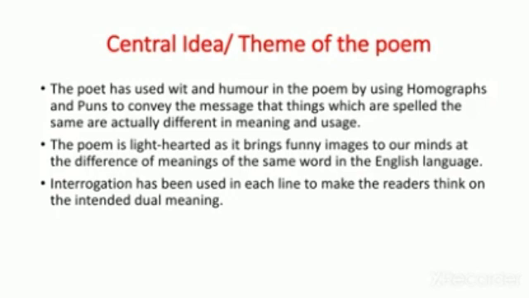Again we can see that the poet has used questions in each of the lines. Now these interrogative sentences are used in each line to make the readers think on the intended dual meaning which is produced due to the use of homographs and pun. So this was all about the poem.